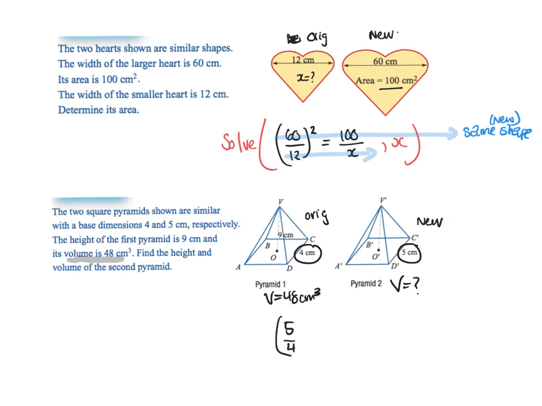Now, because it's volume, I'm going to cube it, equals the volume of this one, which I don't know, so I might call it V in this instance, over the smaller one's volume, which is 48. Then I can pop that in and do solve and comma V, and you would find it that way.